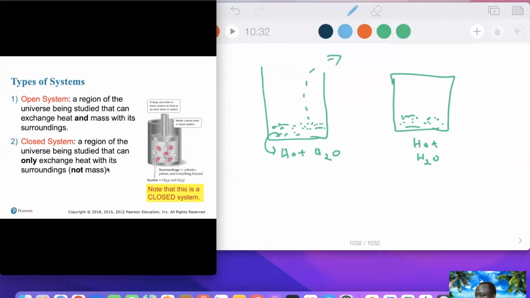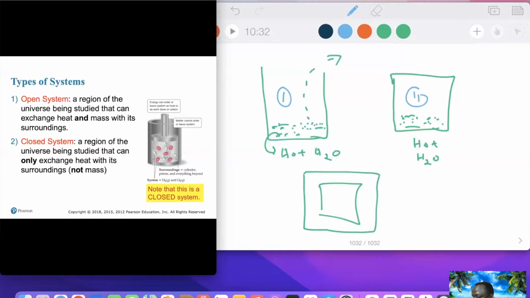And if we have the same container, but with insulation, so that we lose neither heat nor mass, we call it isolated.